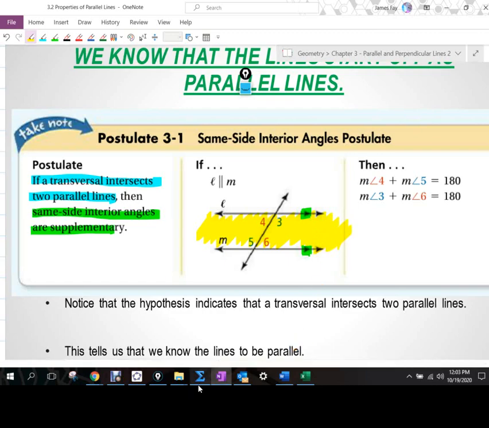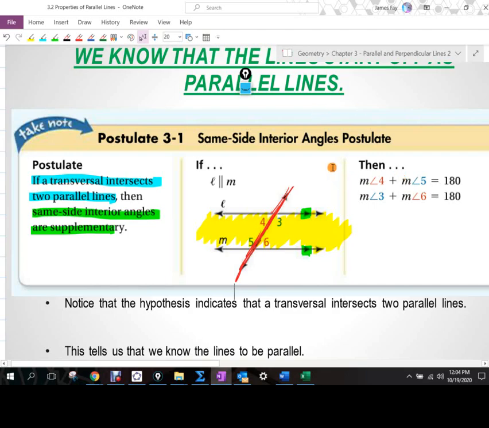Does that make sense? That's inside the 2 lines that are being intersected by the transversal. Same side means, how do they reference in regards to the transversal? They have to be on the same side of the transversal. So we see angle 4 and angle 5 here are going to be supplementary, and angle 3 and angle 6 are going to be supplementary. And that's the conclusion that we're seeing here with this argument.